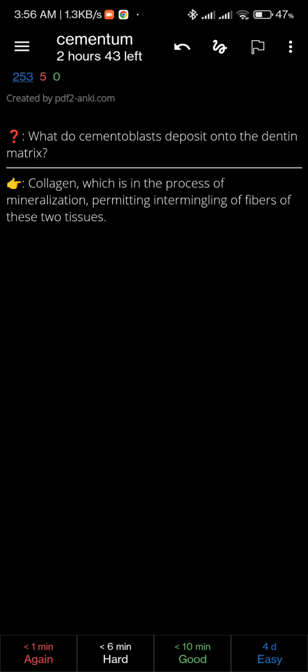Because collagen, which is in the process of mineralization, permits intermingling of the fibers of these two tissues.